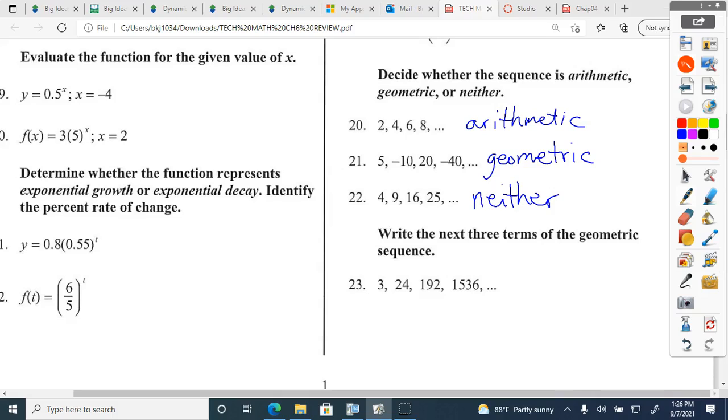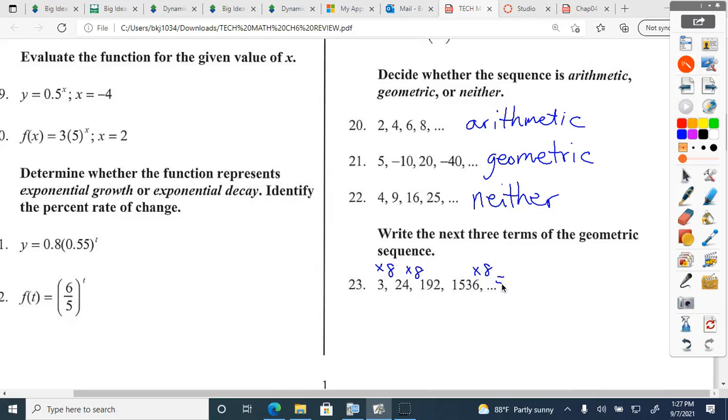23. Write the next 3 terms of the geometric sequence. What are they multiplying by every time? I don't know. Is it 4, 6? 8. Oh, 8. Yeah. So what's 1536 times 8?